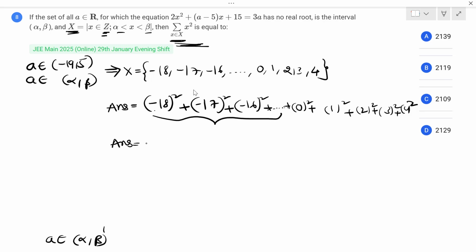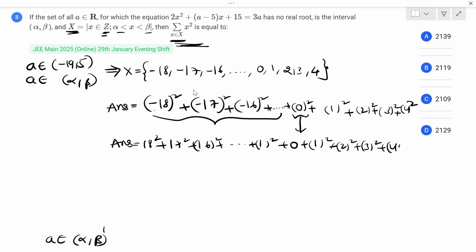So our answer is now minus 18 square up to minus 1 whole square, this entire term. Minus 1 whole square is positive because squares are all positive numbers. So that would be 18 square plus 17 square plus 16 square up to dot dot dot, minus 1 whole square is 1 square, plus anyway this 0 square is how much? 0, plus again it is starting again from 1 square, 2 square, 3 square, 4 square. So 1 square plus 2 square plus 3 square plus 4 square.